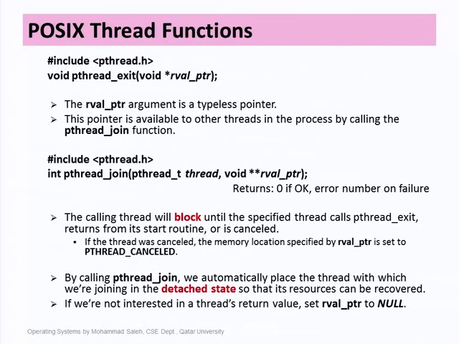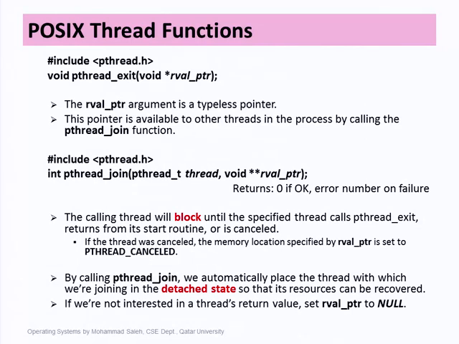The termination status is caught in a variable that is a pointer to what? To rval_ptr, which is the return value, the exit status of the thread.